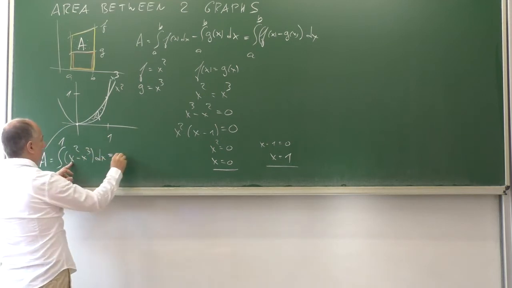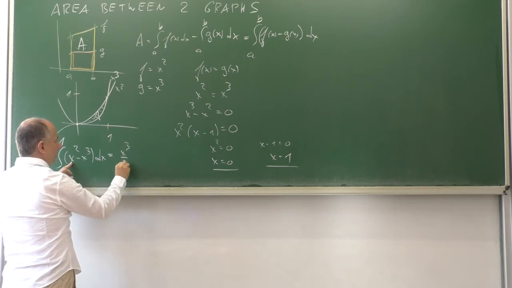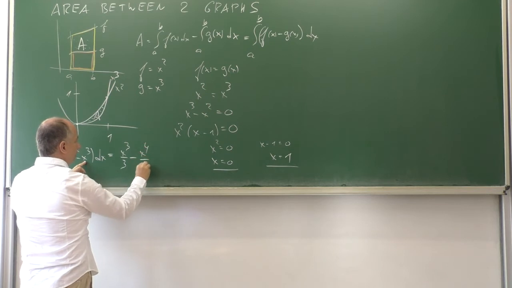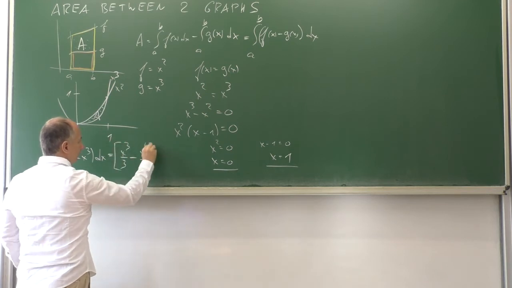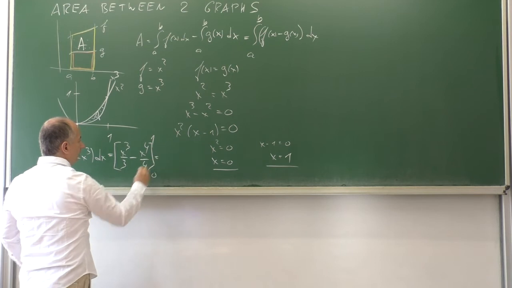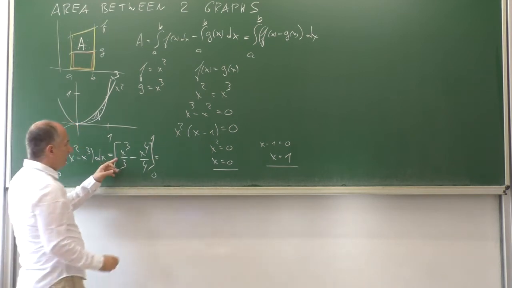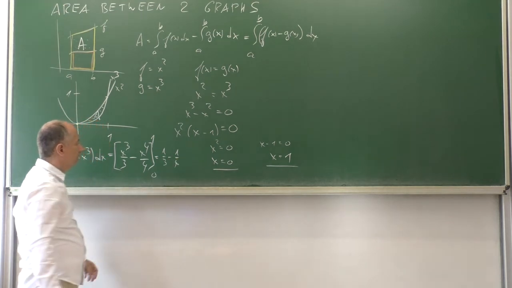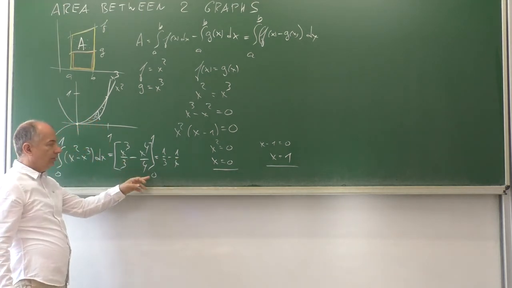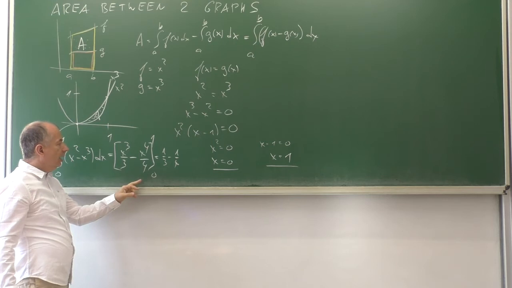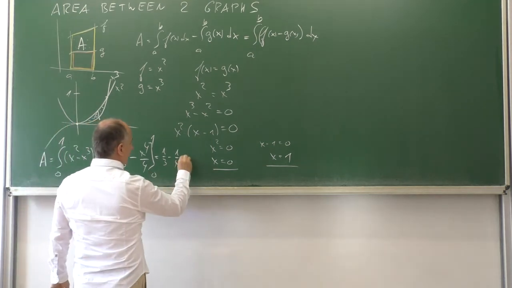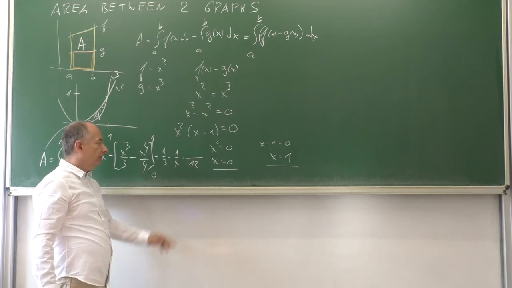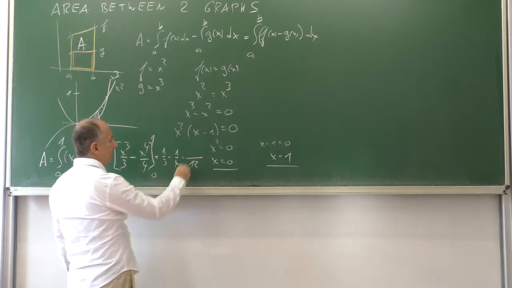Now the antiderivative of x squared is x cubed over 3. The antiderivative of x cubed is x to the 4 divided by 4, from 0 to 1. At 1 we have 1/3 minus 1/4 minus 0, which is 0. And this can be written as, if we bring the two fractions to common denominator, we have 12, and 4 minus 3 is 1.